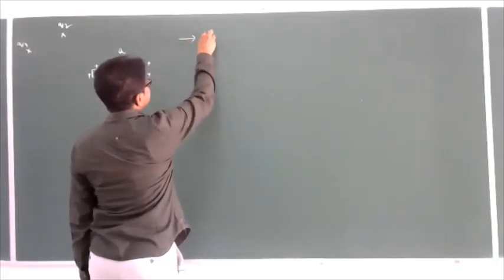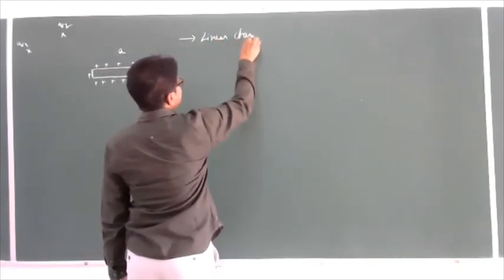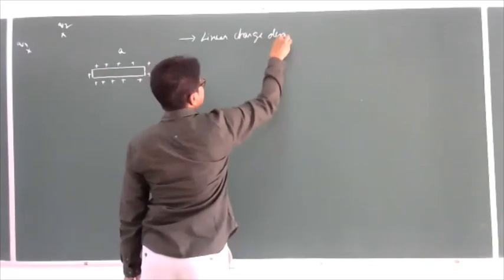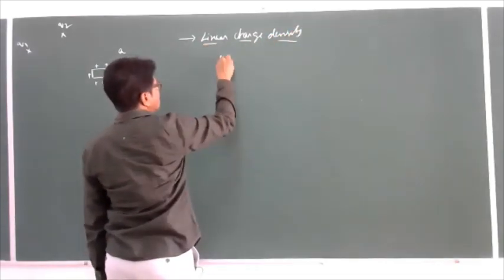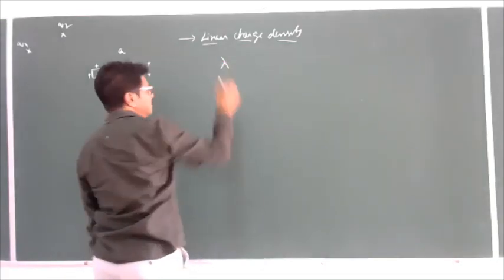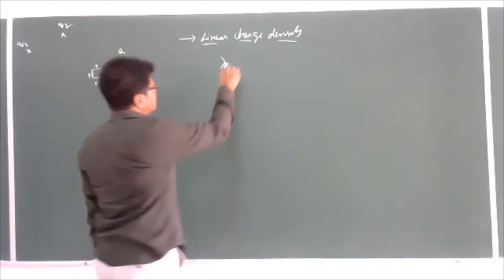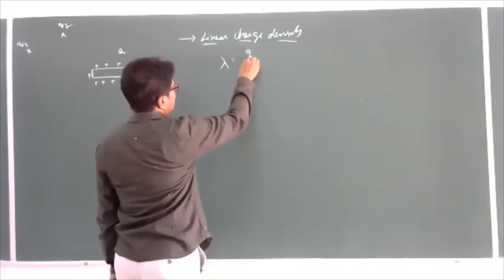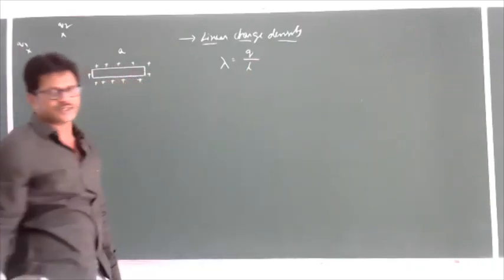linear charge density. We'll take the help of this parameter, linear charge density. It is denoted with the symbol lambda. Linear charge density is nothing but the charge per unit length.